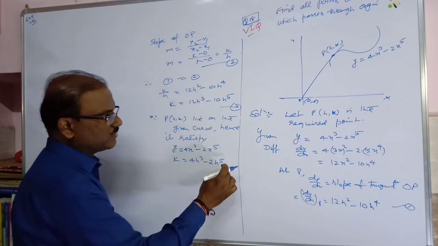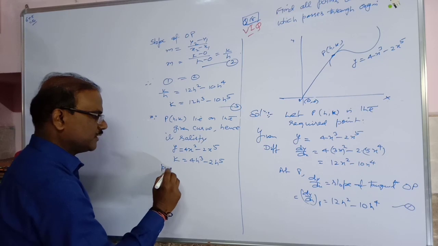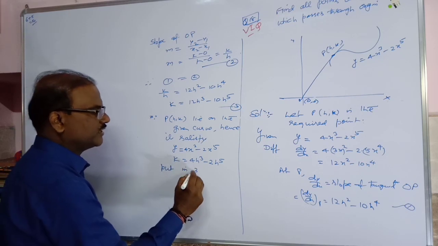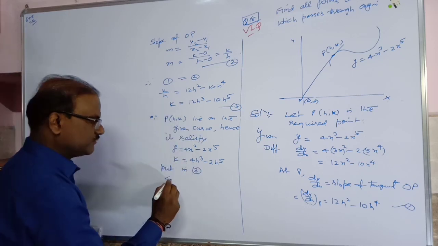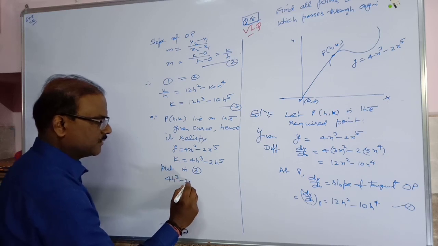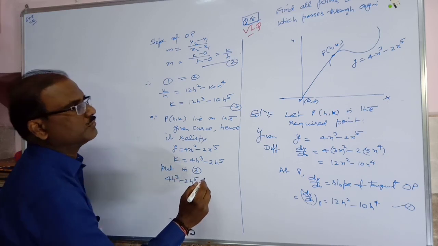So we have to solve these two equations. Put in 5, put in 3. In place of that, अगर हम ये put कर देंगे तो what will I get?